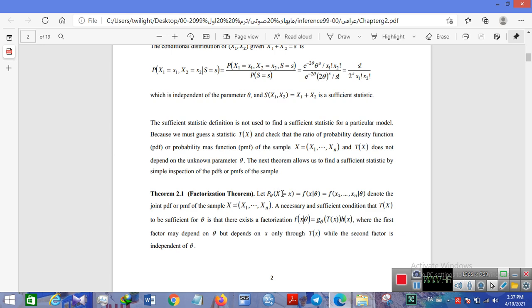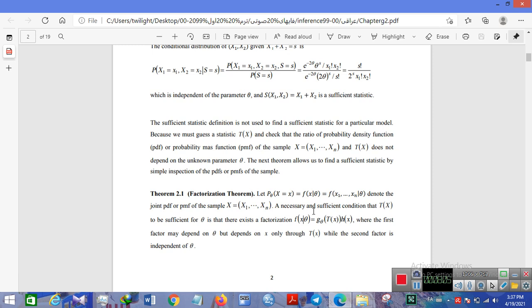Let f(x|theta), or f(x1 to xn|theta), denote the joint PDF or PMF of the sample x1 to xn.